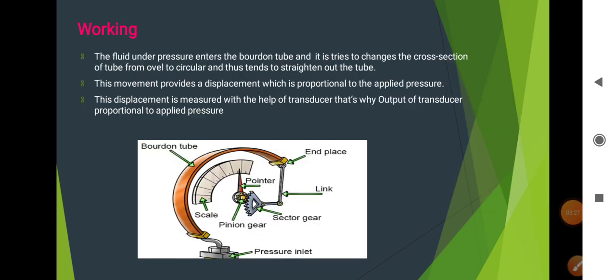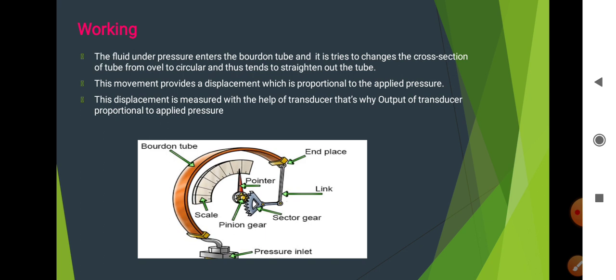Now the working. The fluid whose pressure is to be measured is applied through the pressure inlet, as we can see from this figure. When fluid under pressure enters the Bourdon tube, it tries to change the cross section of the tube from oval to circular and then straighten out the tube.